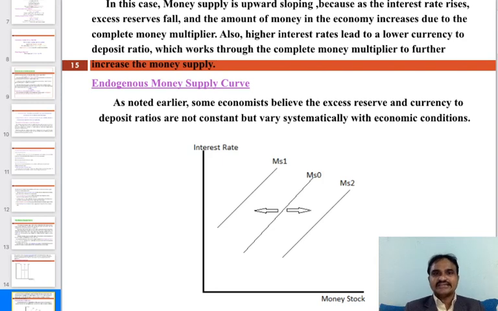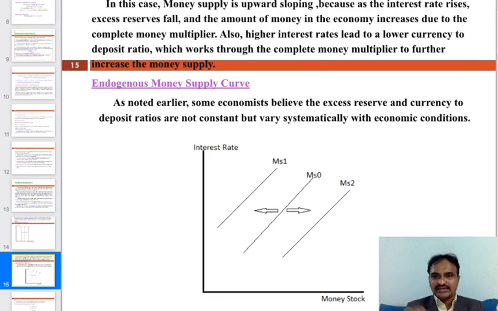Now we discuss the endogenous money supply curve. What is the endogenous money supply curve? Variables other than the interest rate are endogenous variables. What are they? The currency deposit ratio, required reserve ratio, and excess reserve ratio. As noted earlier, some economists believe that the excess reserve ratio and currency deposit ratio are not constant but vary systematically with economic conditions.